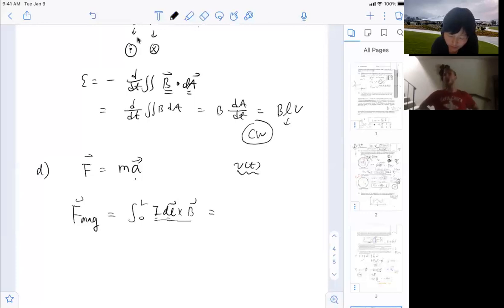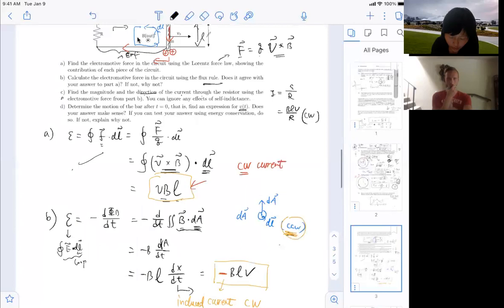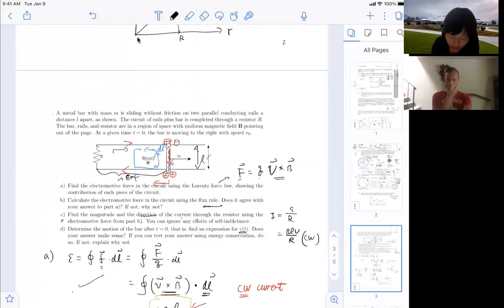Okay, so we know how to calculate the magnitude, right? B is just B, current is just I. The integral from 0 to L over the length is just L. But we haven't added the direction. So let's look at the direction. The current is flowing down, so dl is the same direction as your current.